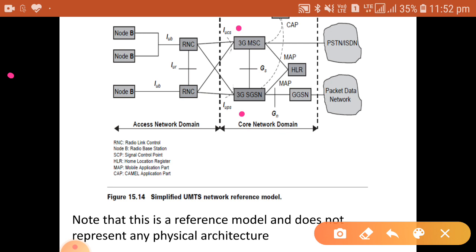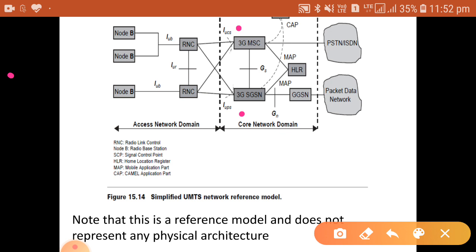So what is the main function or main aim of this IUPS? It connects the packet switched domain to the access network. Similarly, the main function of the IUCS is connecting the circuit switched domain to the access network.